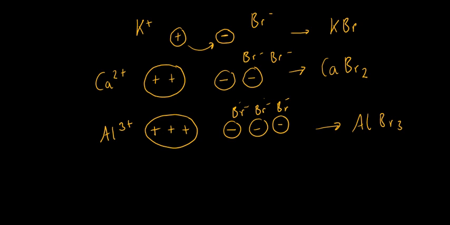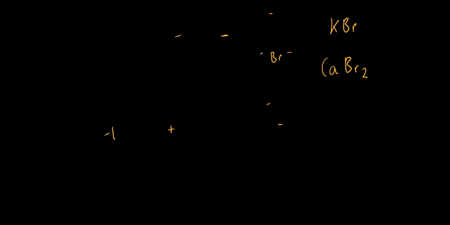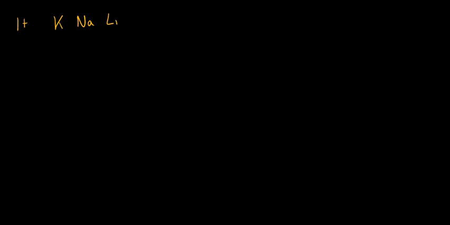Okay, so this can get a little bit trickier, but before we do that, let's just have a look at our various ions and the charges. The ions with a charge of plus 1 are potassium, sodium, lithium. The plus 2 ions are magnesium, calcium, copper, and iron.